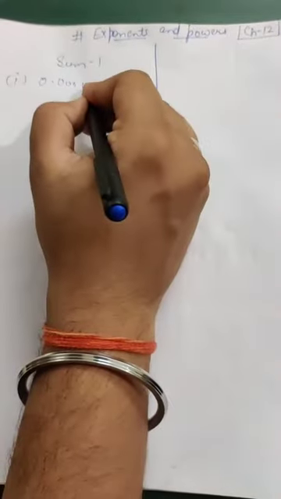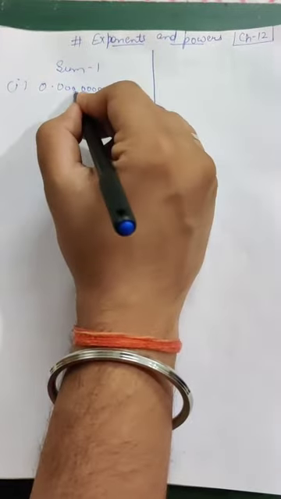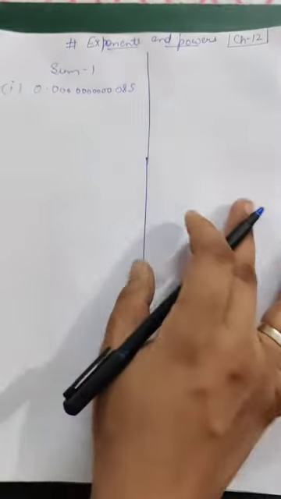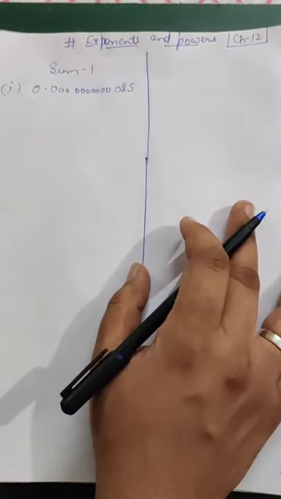Eleven zeros are there. And then 85. This is given in the question, and we have to express it in standard form.